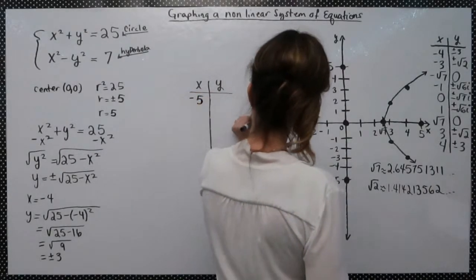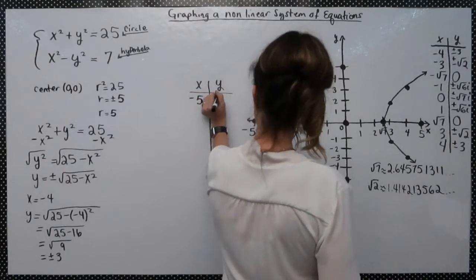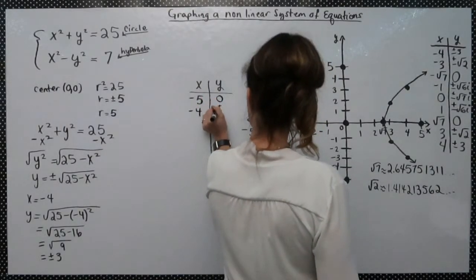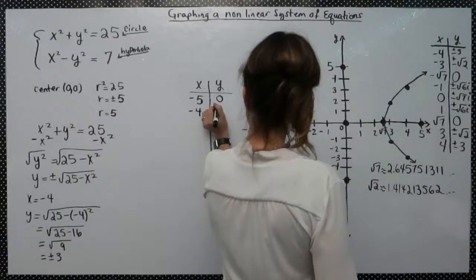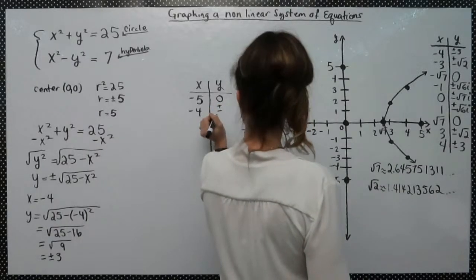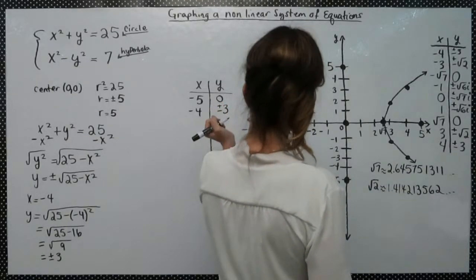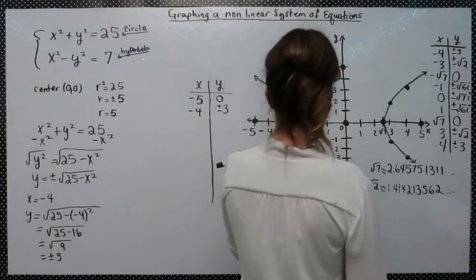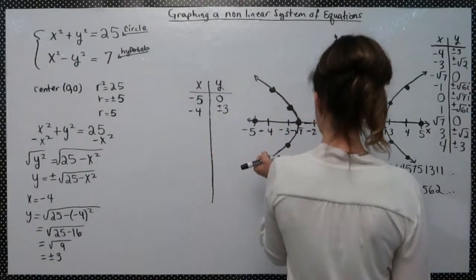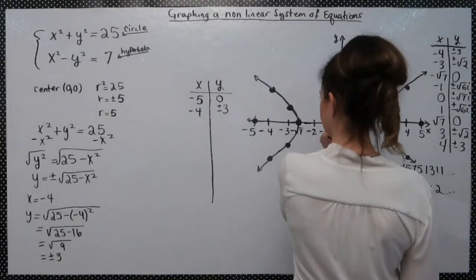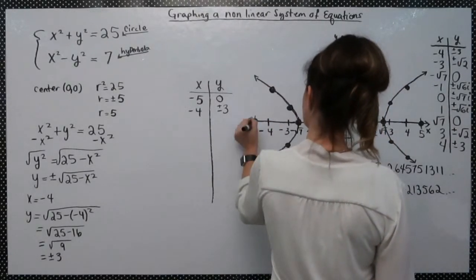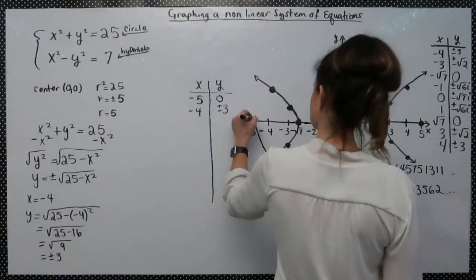So -5 is a 0. -4, I have plus or minus 3. -4, I've got plus or minus 3 on my circle as well. Nice.